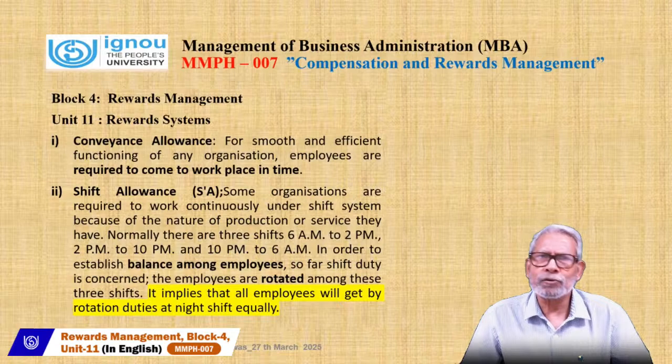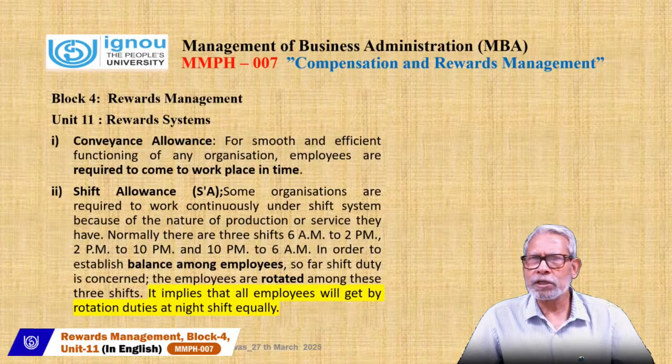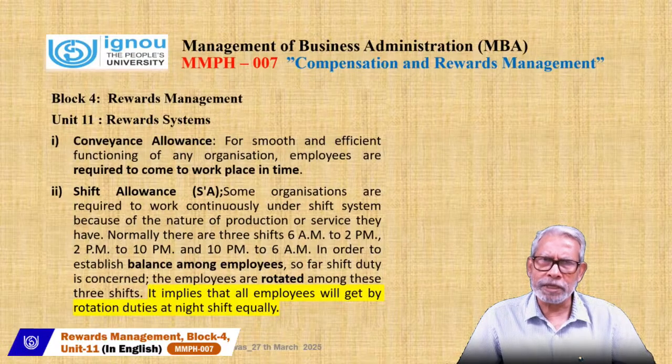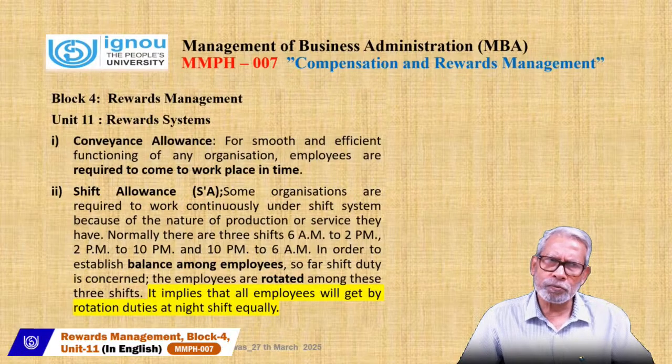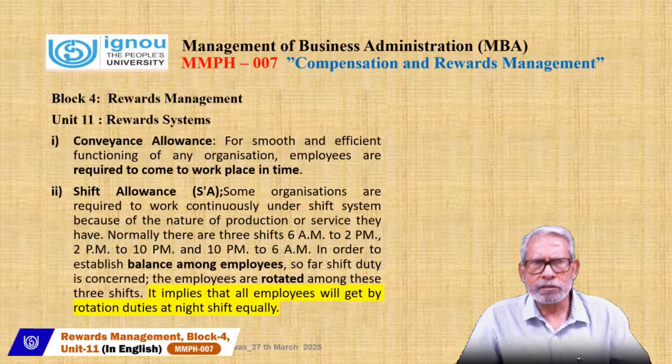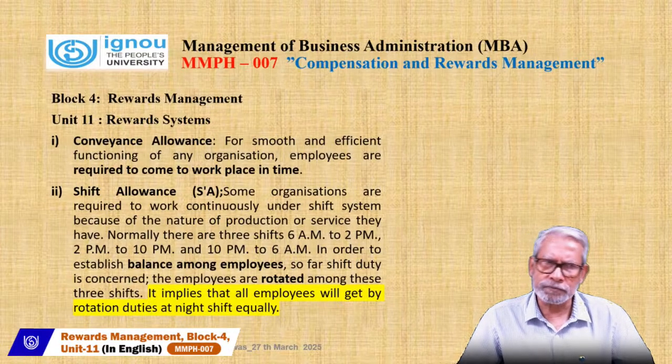So this is the way some companies also arrange it. Nowadays, for those on shift duties, company cabs come and pick up the employees from different nearby locations and reach the office. In that case, the allowance may not be given, but otherwise, where this facility is not there, the company provides the allowance.